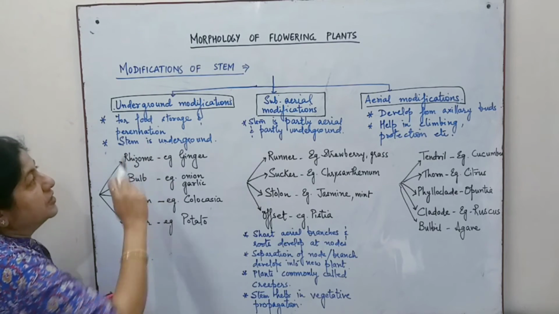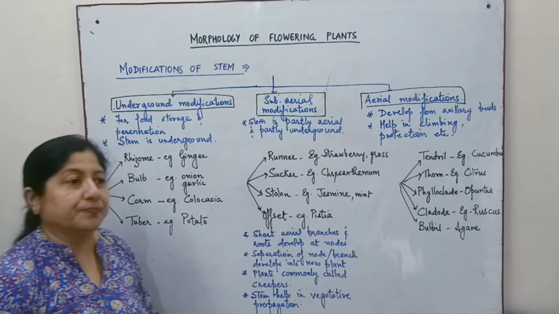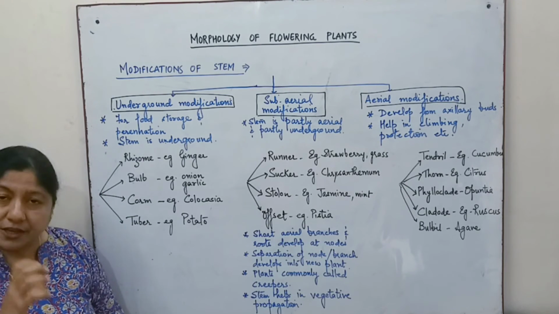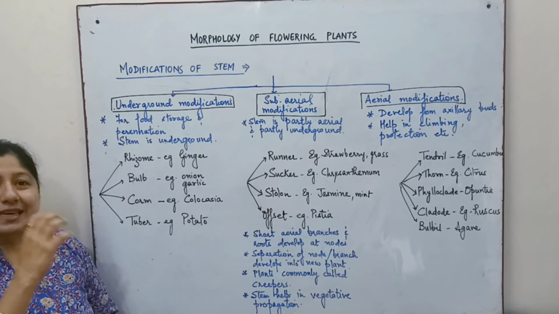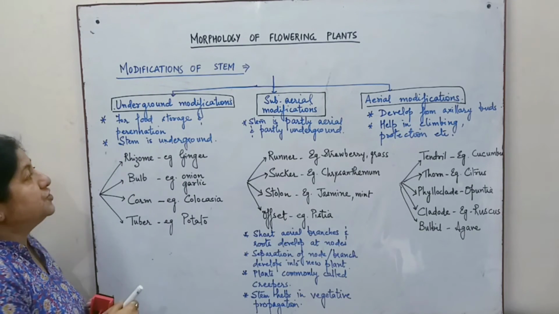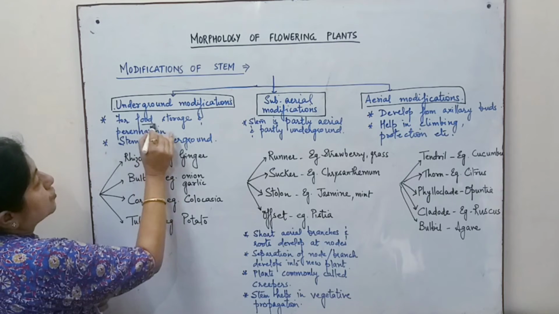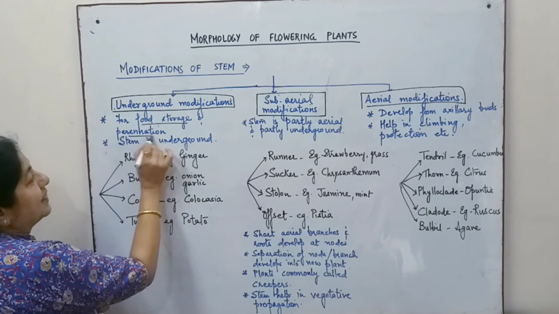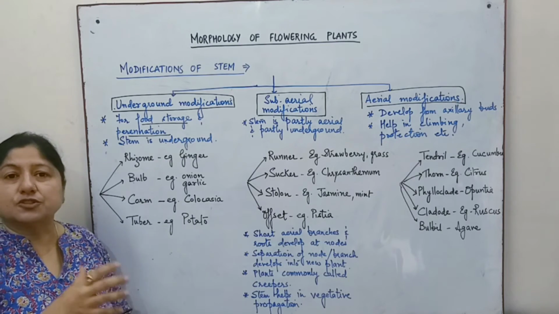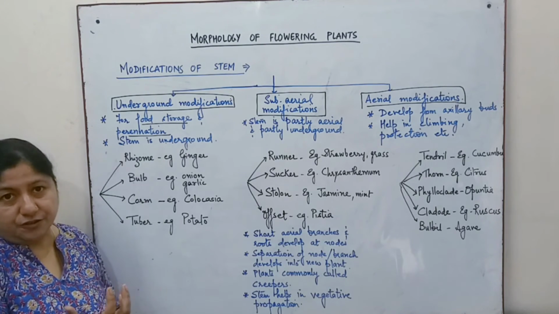Let us start first with the underground modification. As the term goes, here the stem is underground and it is modified chiefly for the storage of food and perennation. We know that food is stored in the form of starch in the case of plants.